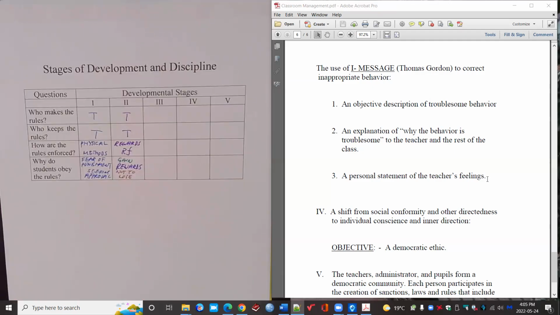Now, communication experts recommend replacing you messages with I messages. Okay? Some examples: I am angry that this has gotten so negative. Another one, I don't like it when promises get broken. Finally, I am hurt when my feelings aren't taken into account.